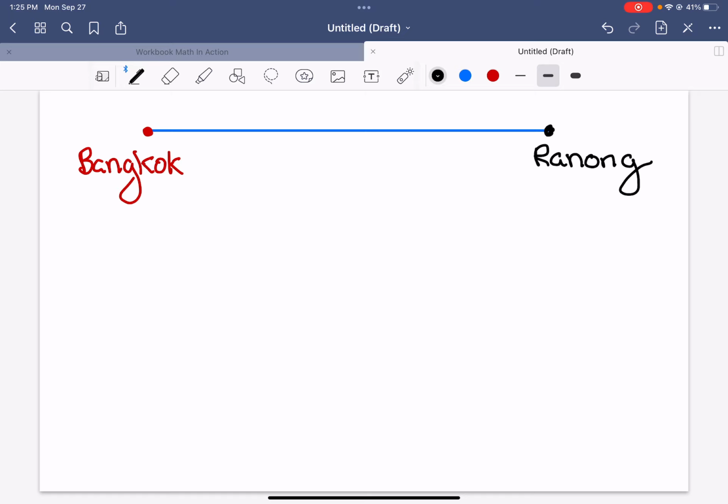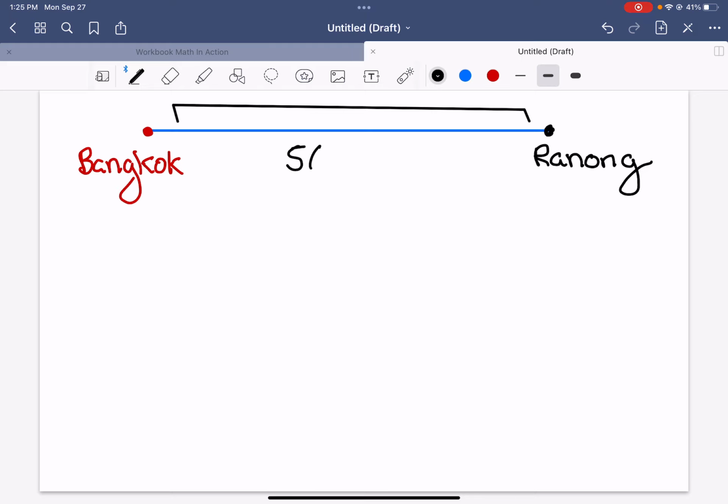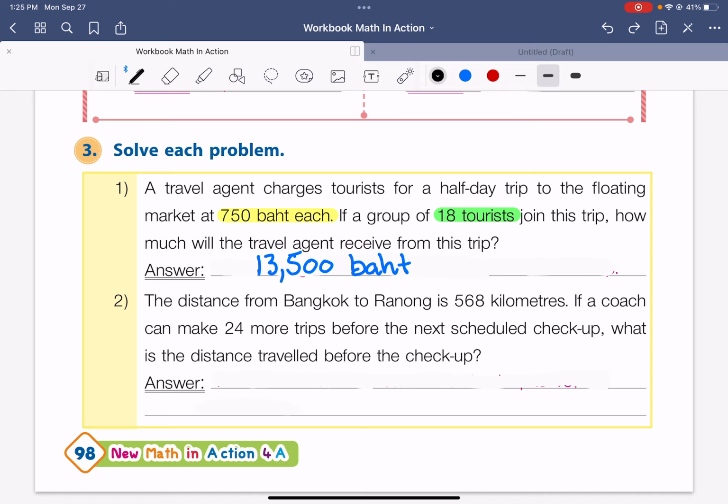All right, so the distance all the way to there is 568 kilometers, right? So let me highlight that there. 568 kilometers. They want to make 24 more trips, right?